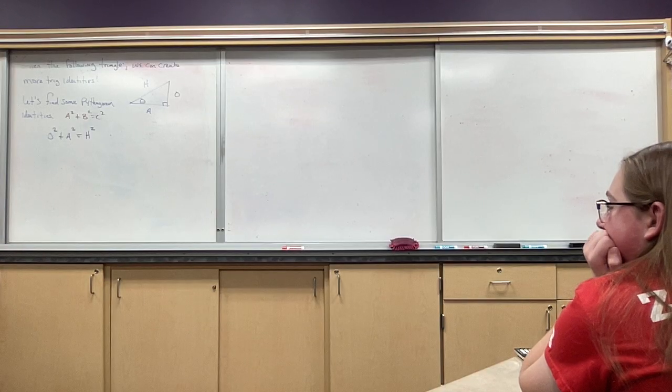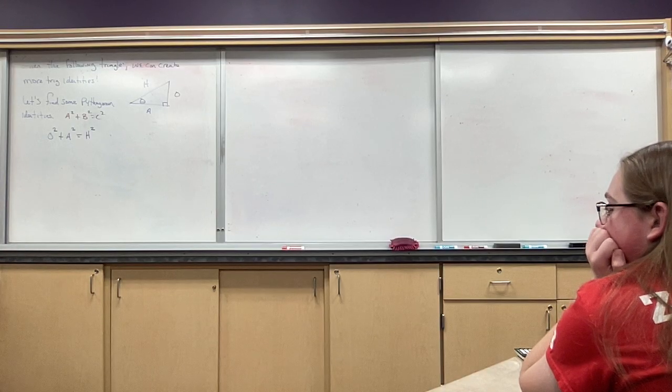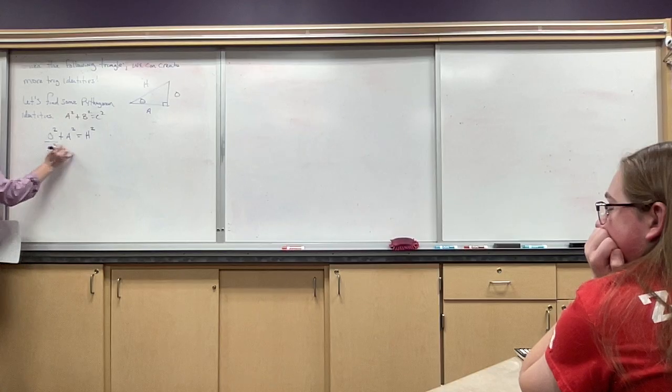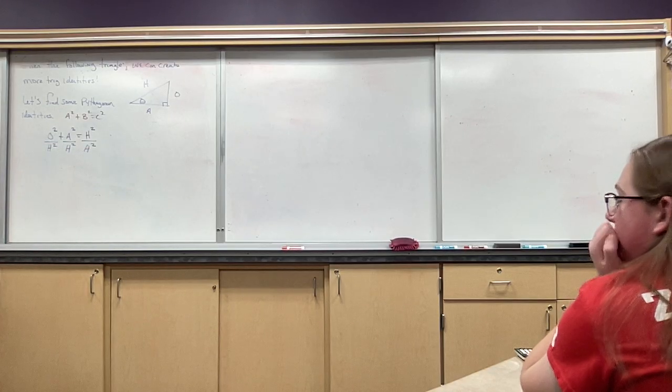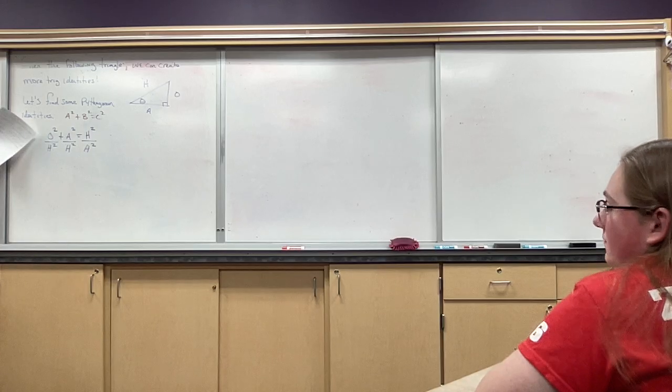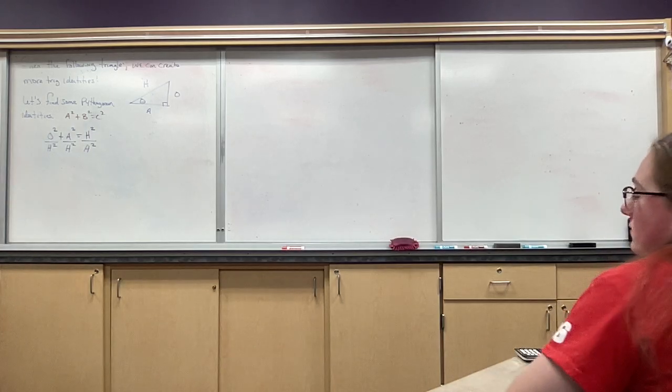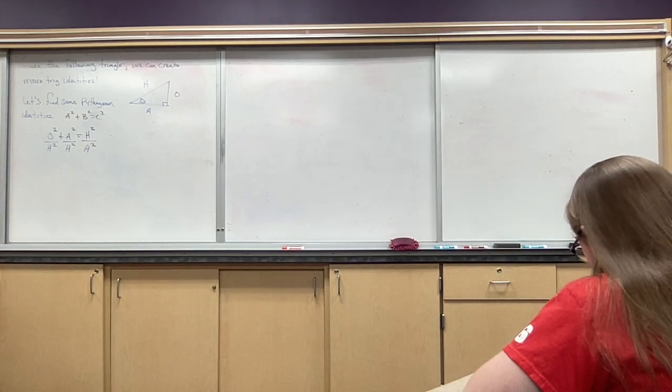Now, watch what I can do. If I divide everything by h squared, what is opposite over hypotenuse? What trig ratio is that? Sine, cosine, or tangent?